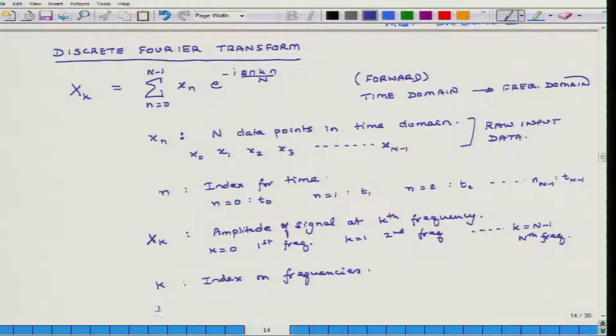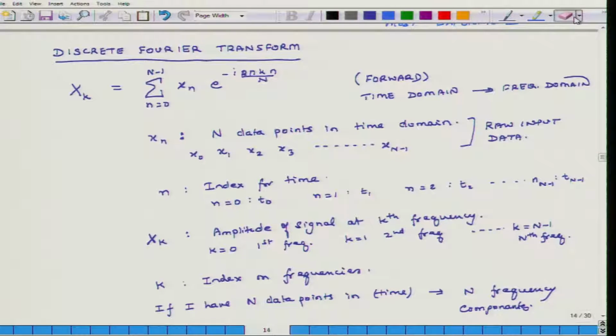If I have N data points in time, I will get N frequency components. This is important to understand.